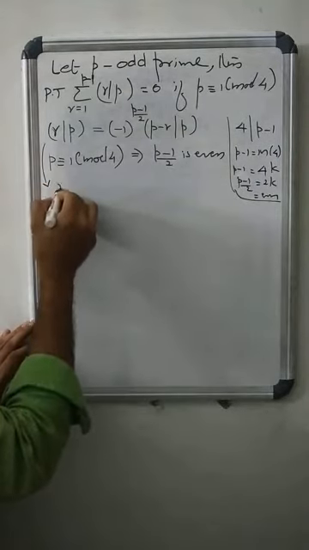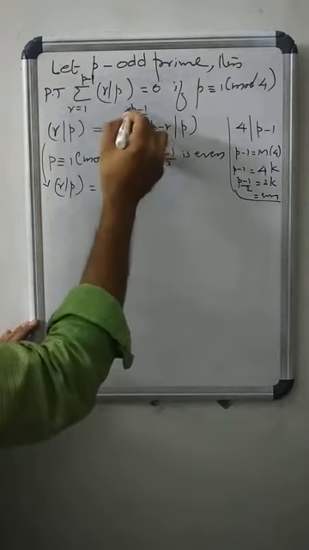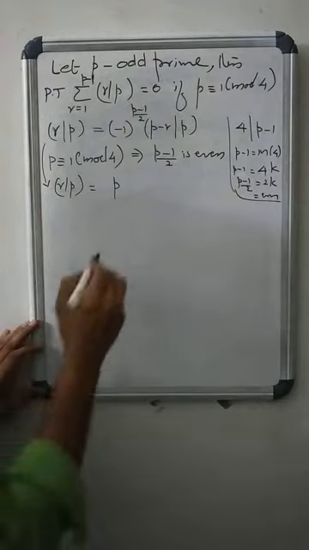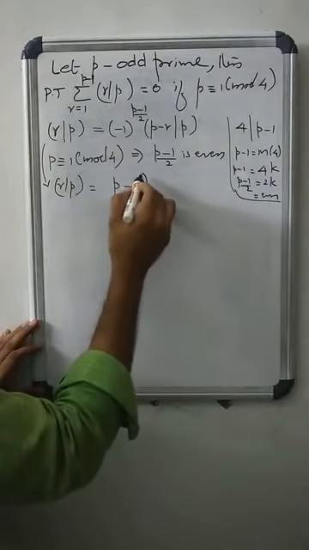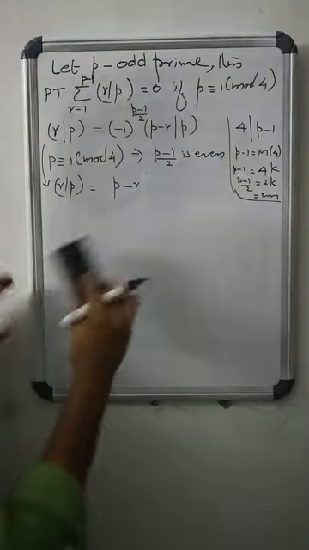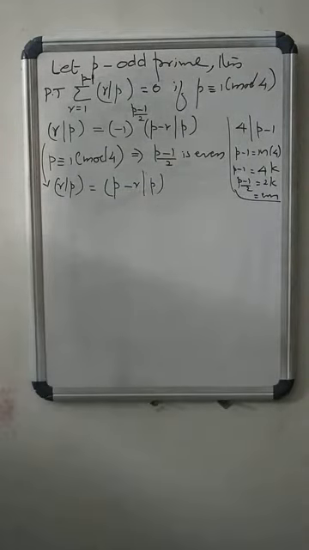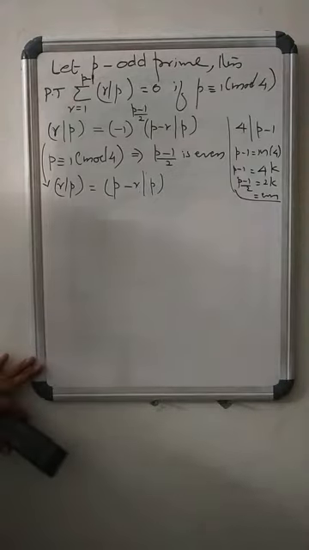So from here, what is (r by p)? Here (r by p) is minus 1 power (p minus 1) by 2, which is even, so it is 1. So (r by p) equals ((p minus r) by p) when p is congruent to 1 mod 4.